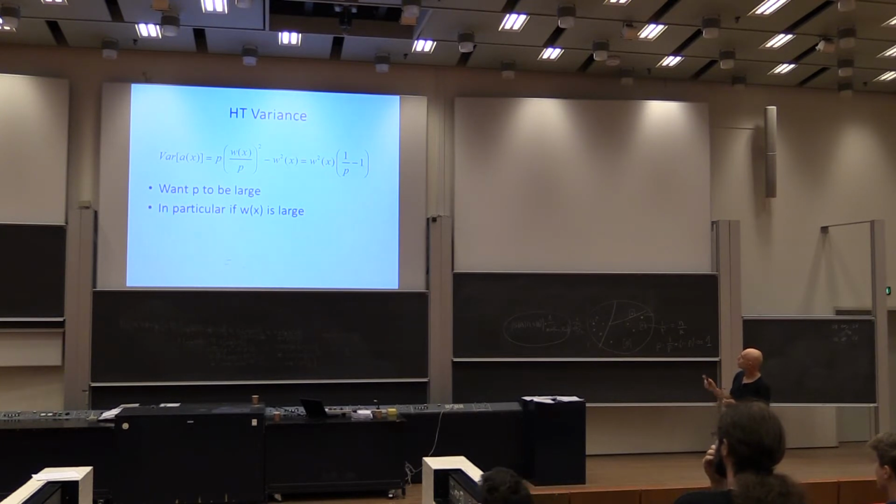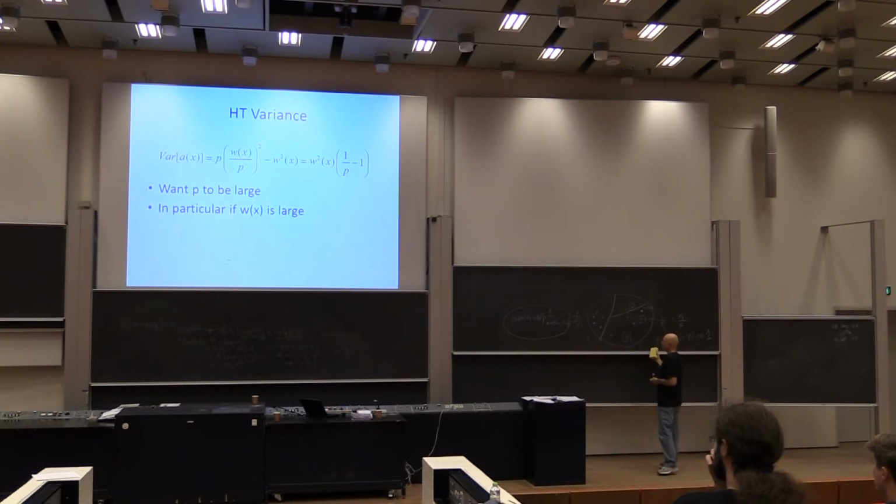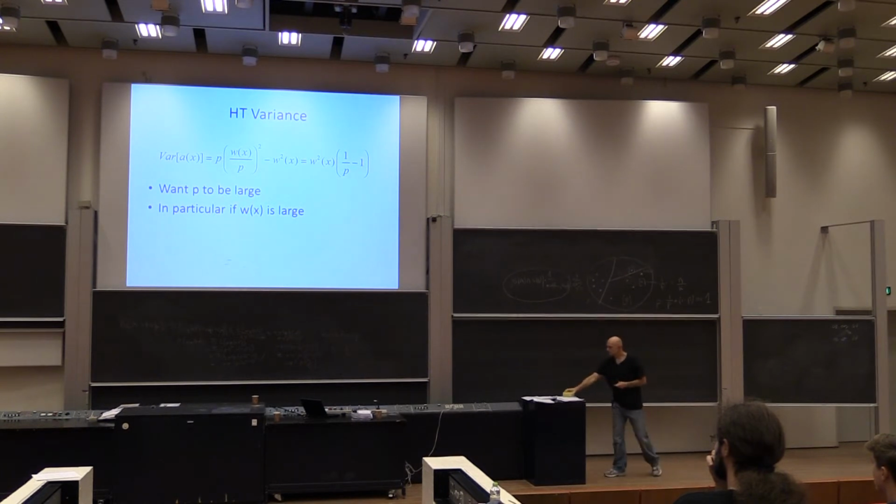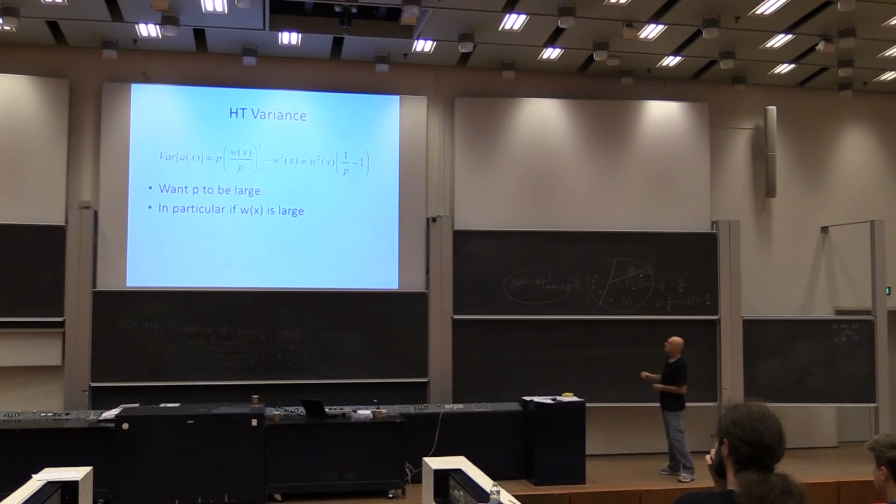So here, I forgot to show you this. This is important. Let's do this before I show you how. This is the variance of this adjusted weight, which I haven't yet calculated. It's very easy to calculate. The expectation of the adjusted weight is the weight of the item.